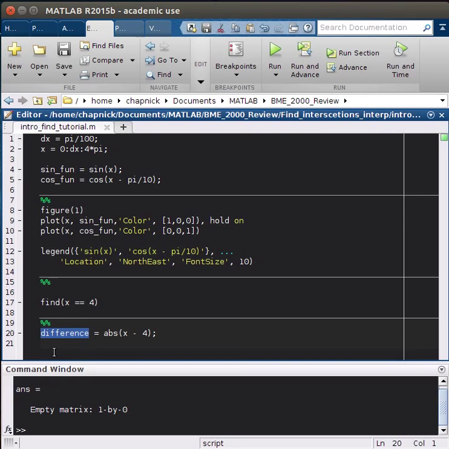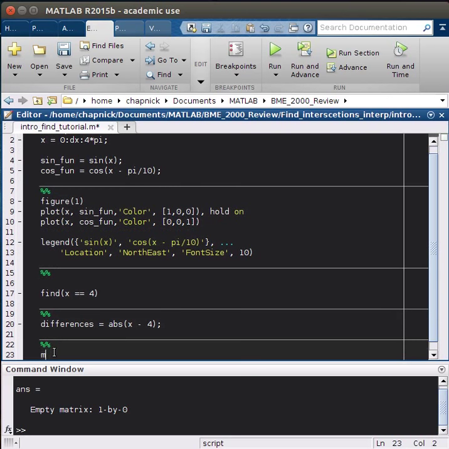So I'm actually going to make this differences. That might make some more sense. Let's see when that minimum occurs. So min differences. Oh, I didn't run that. It looks like the minimum is 0.01.